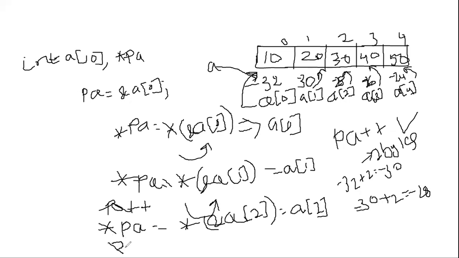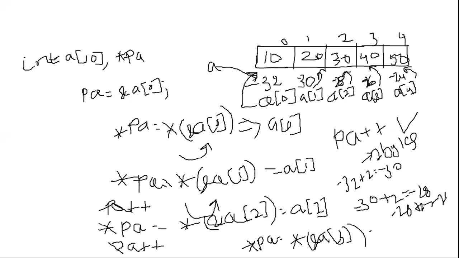Next, again PA plus plus, star PA is equal to star of ampersand a of 3, because minus 28 plus 2 is minus 26.